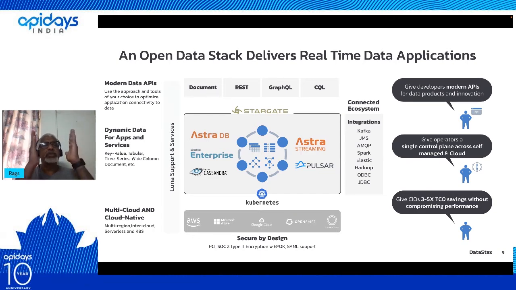We primarily have two product lines, if you will. One is based on Apache Cassandra, and the other one is based on Apache Pulsar. Both completely open. One does a great job with respect to data access.